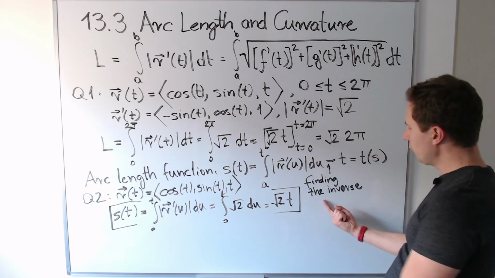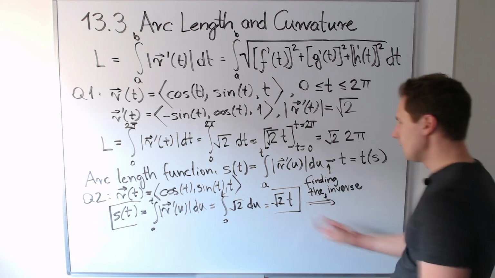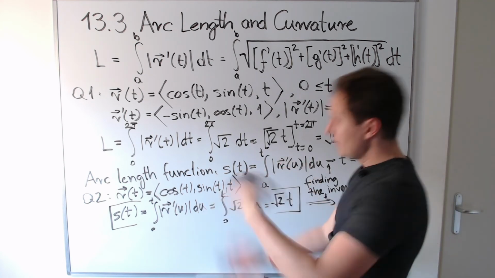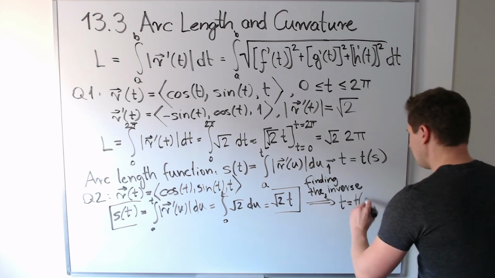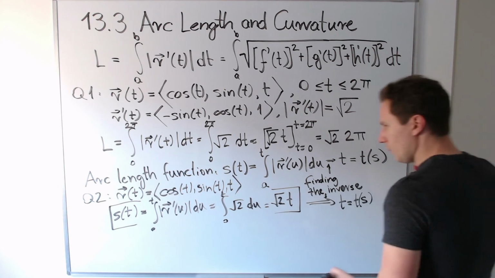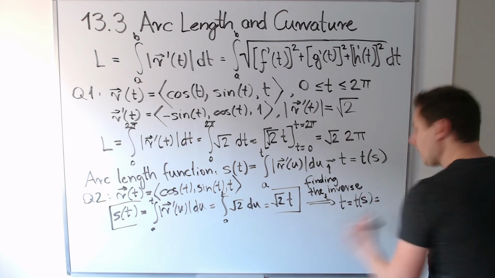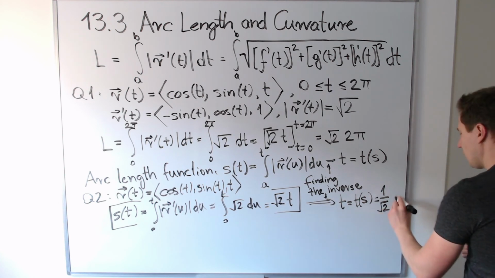Now we have to find the inverse function. So we'll express t as a function of s, which is just rearranging this formula to express t using s, and that's just dividing by root 2, so that's 1 over root 2 times s.